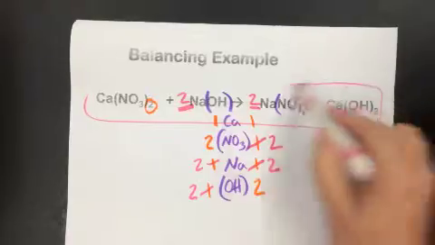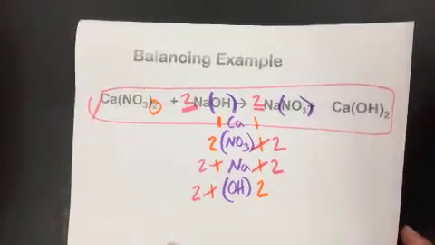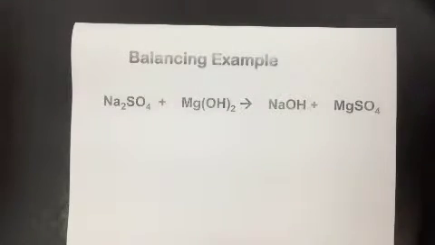So here is our final answer. Just because the polyatomics look complicated, it's actually the same thing. I now want you to pause the video and see if you can do this one on your own.